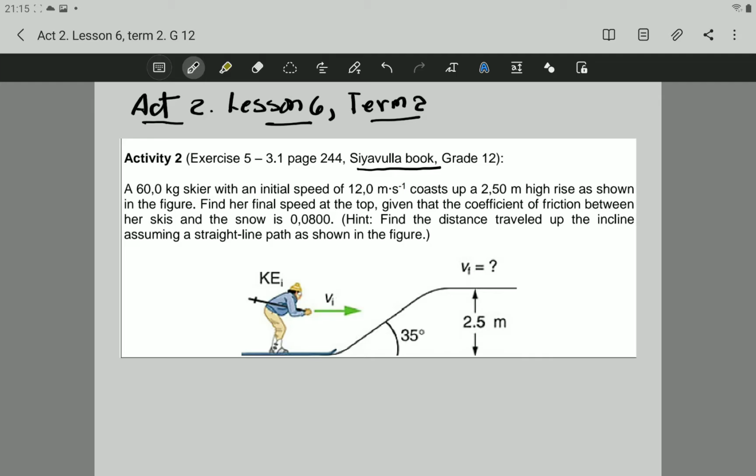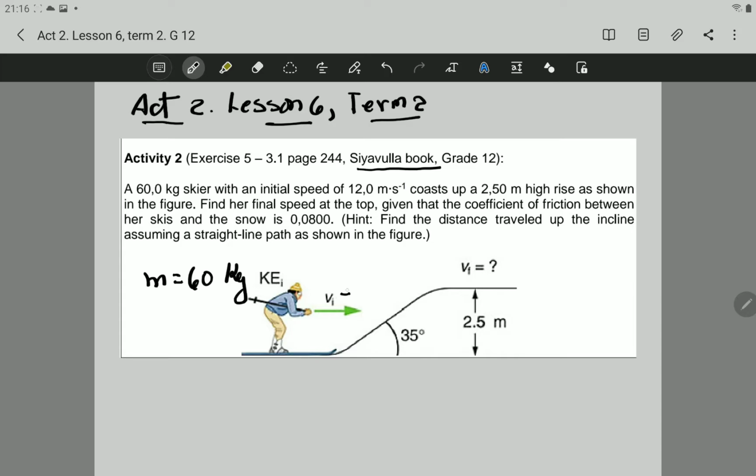So let's write some data that is not in the picture right on the picture. Obviously, you cannot do this in the textbook, so you must redraw the picture in your notebook. The mass of the skier is equal to 60 kilograms, with an initial speed of 12 meters per second.